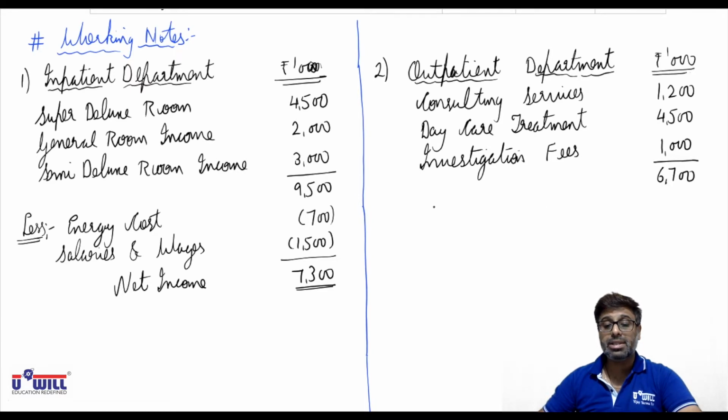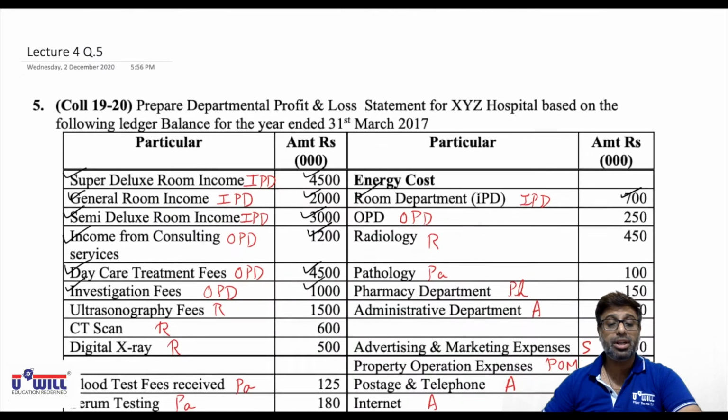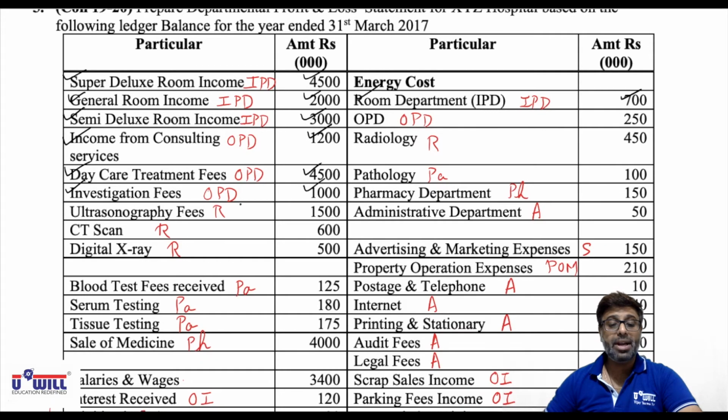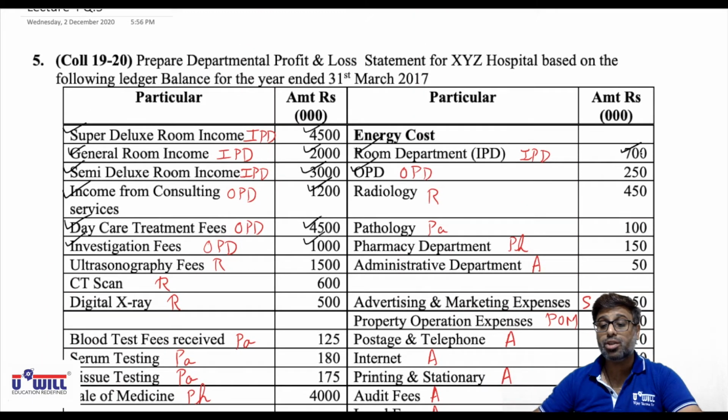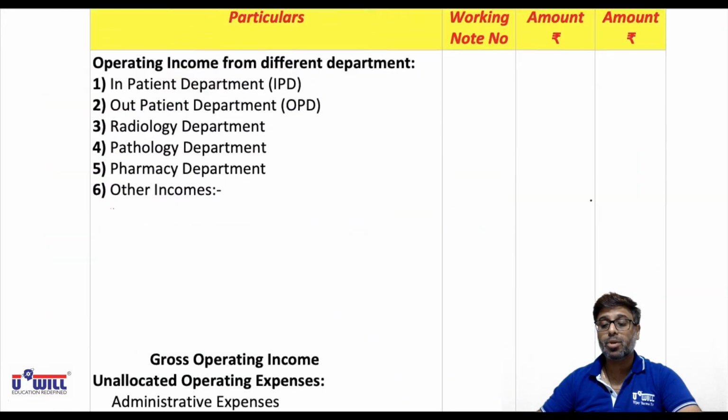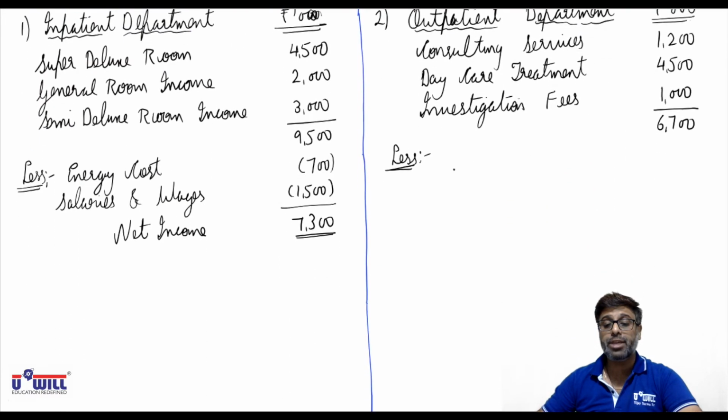Now from 6,700 we will minus all the expenses of outpatient department. So OPD marked expenses. Very first we have energy cost, that is 250.